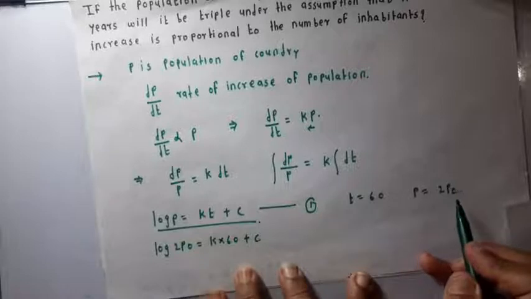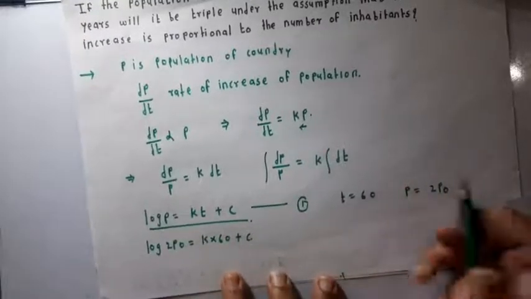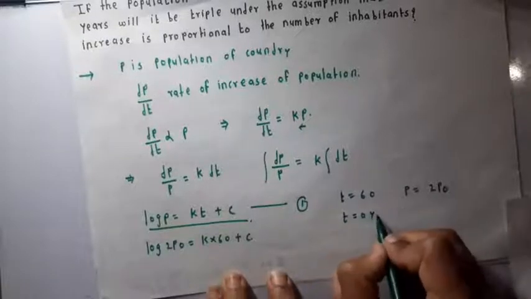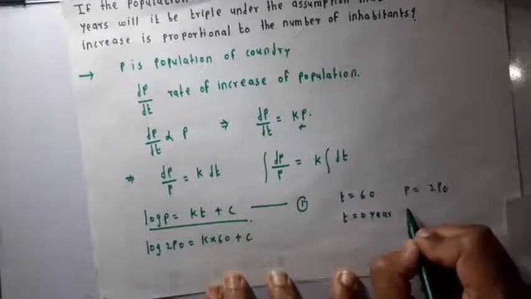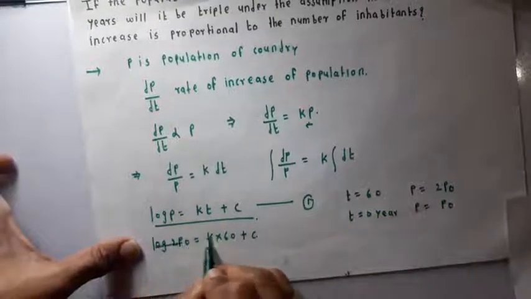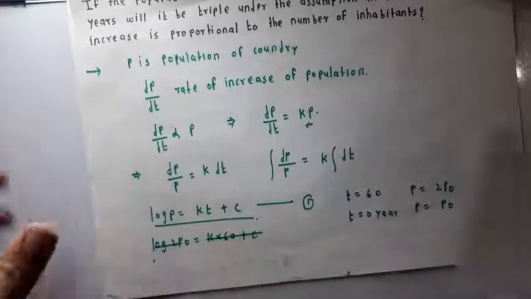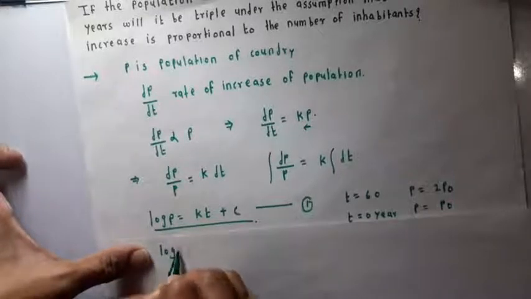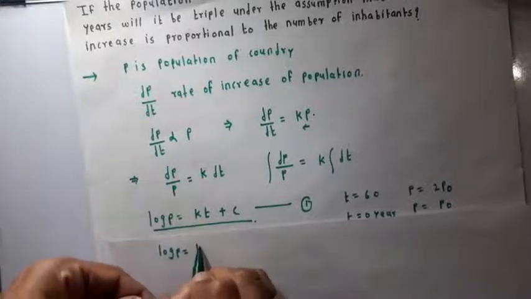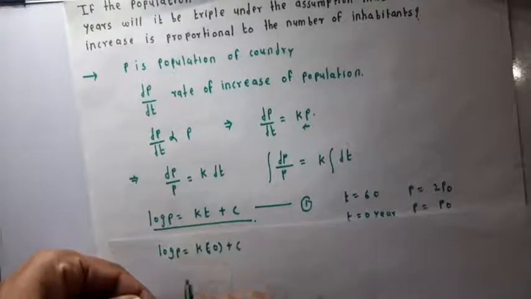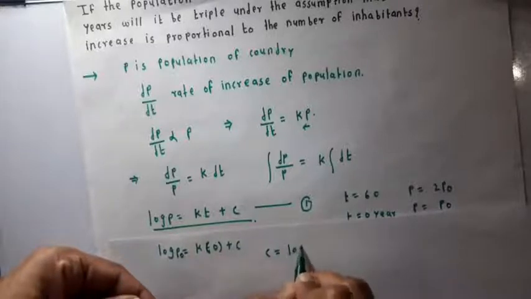After 60 years, the population is double. But initially, when t equal to 0 years, the population P equal to P0. Therefore, equation 1 becomes log of P equal to Kt plus C. The value of t is 0, and this implies C equal to log of P0.